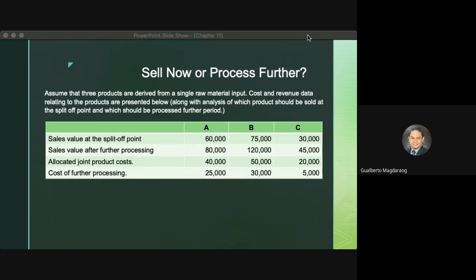Let me go back to A. We got confused there. The difference between 80 and 60 is 20,000. So it cannot absorb the 25,000 cost of further processing.